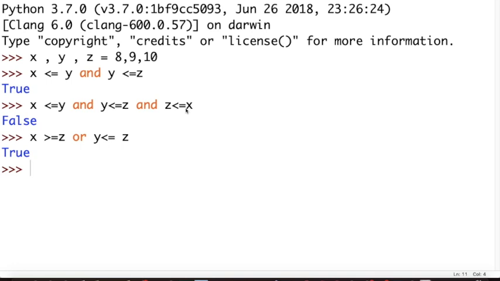The first expression, x greater than equal to z, is evaluated as false, but the second expression is evaluated to be true, since y is less than equal to z. The value of y is 9, which is less than equal to z, that is 10. So the second expression is evaluated to be true.